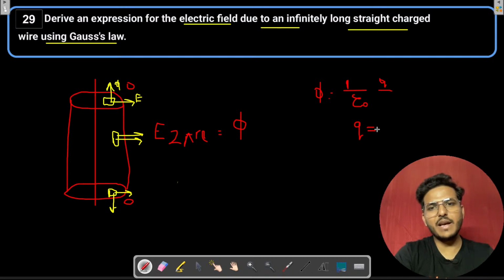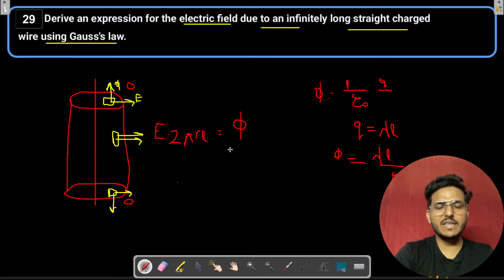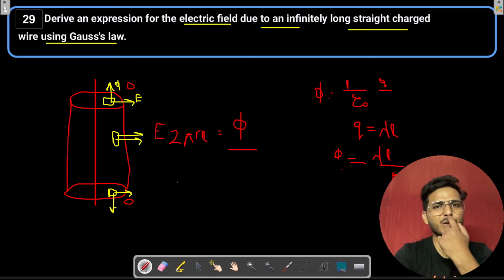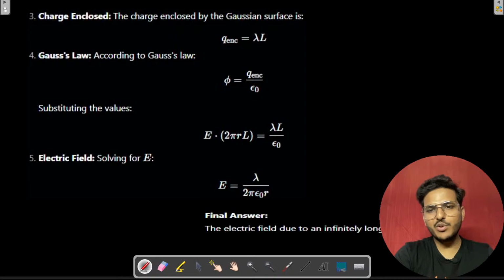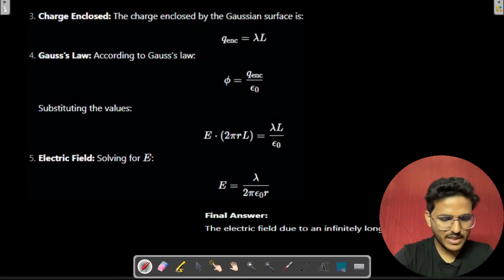Q equals lambda L. Putting this value, phi equals lambda L upon epsilon naught. Just comparing these two, you get E equals lambda upon 2 pi epsilon naught times R. Okay?